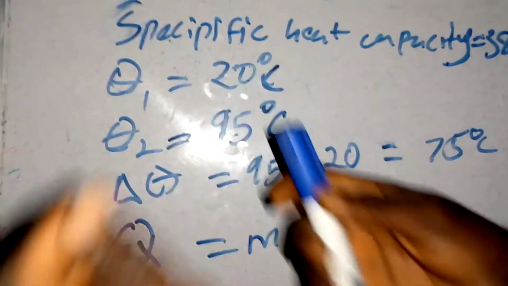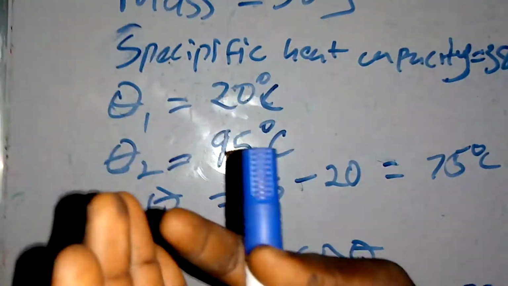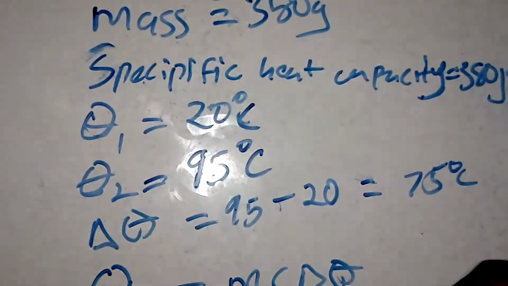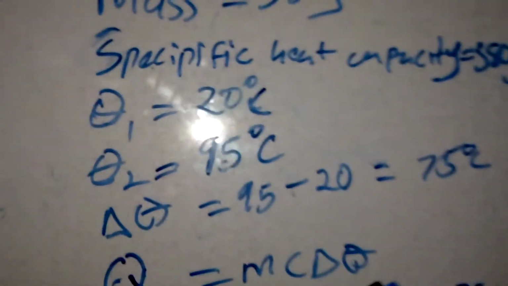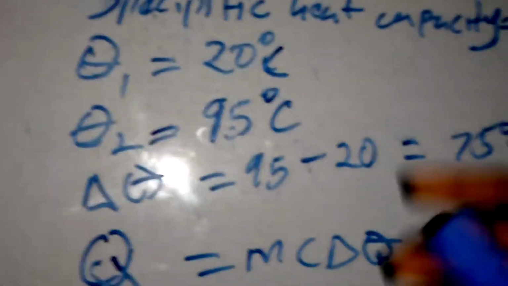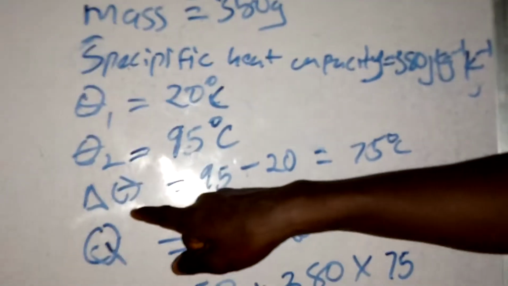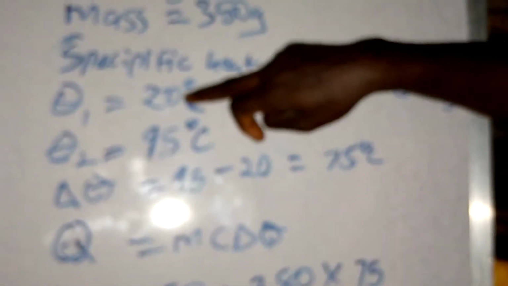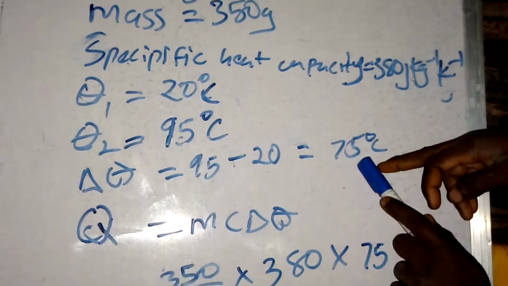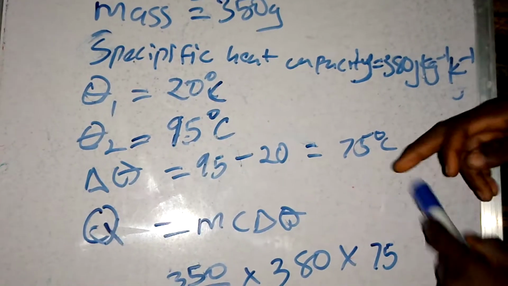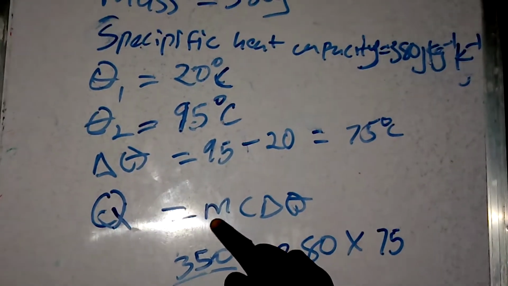When something goes from 95 degrees Celsius to 20 degrees Celsius, it has lost some heat. So we subtract 20 from 95, and the change in temperature is 75.